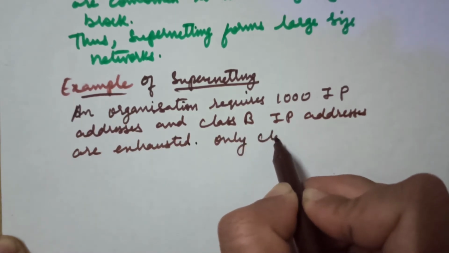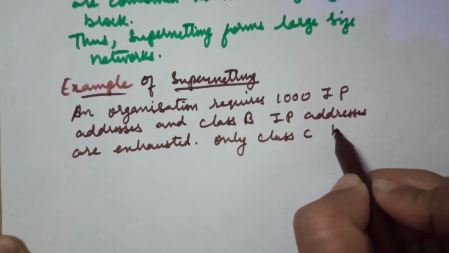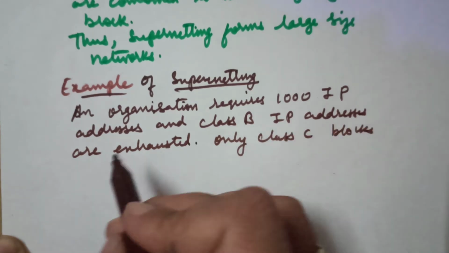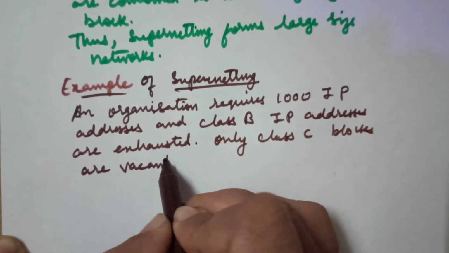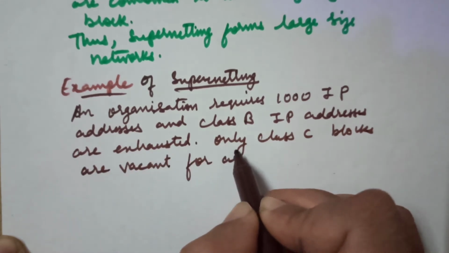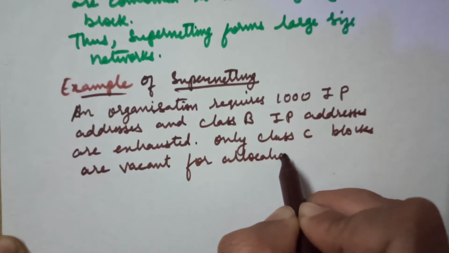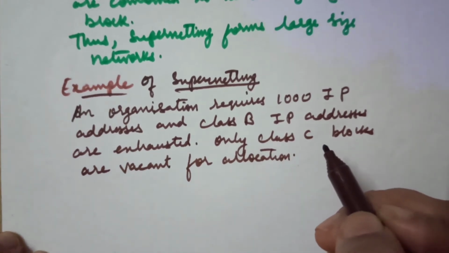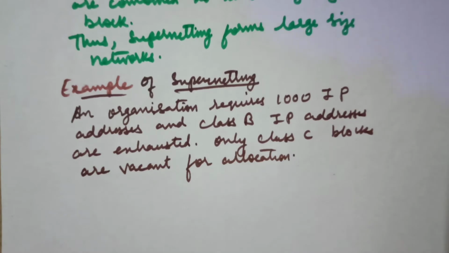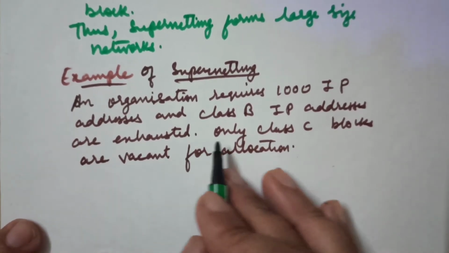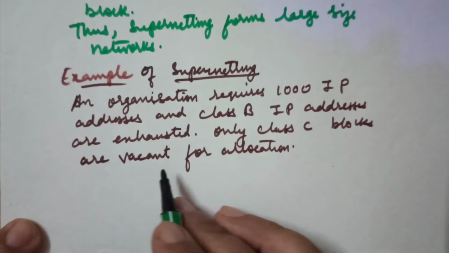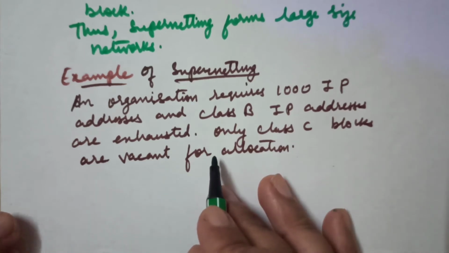Only class C blocks are vacant for allocation. So here the requirement of the organization is of 1000 IP addresses, and it is said that the class B IP addresses are already exhausted and only class C blocks are left vacant for allocation.